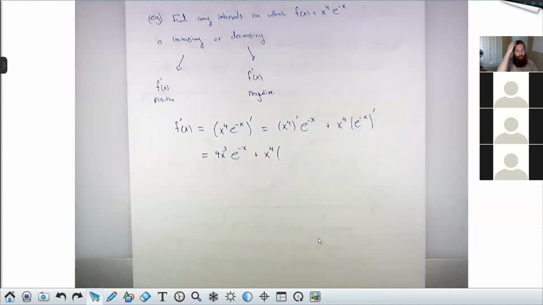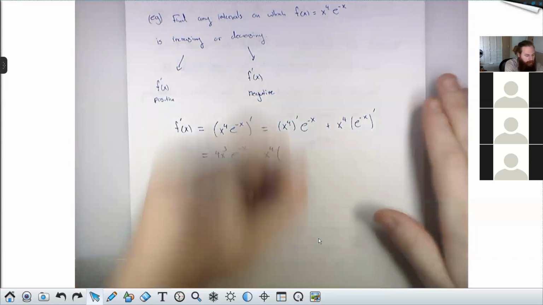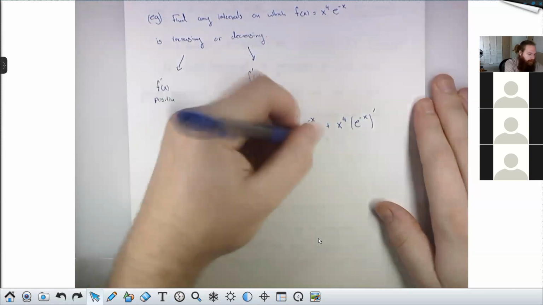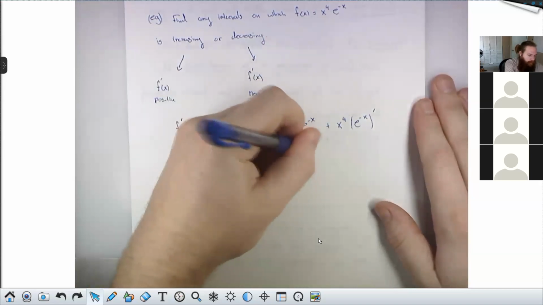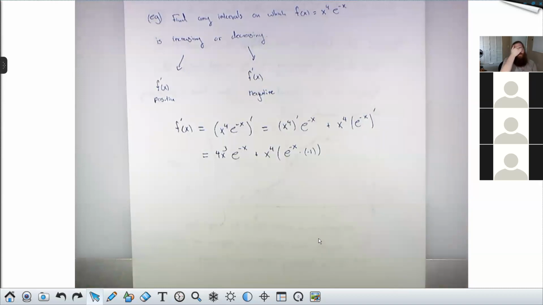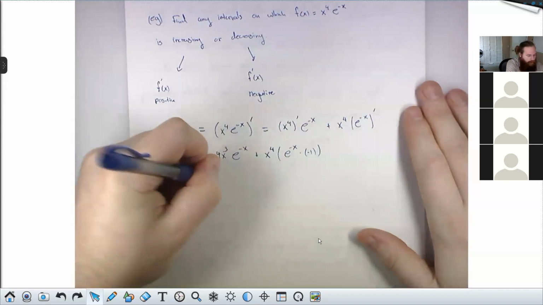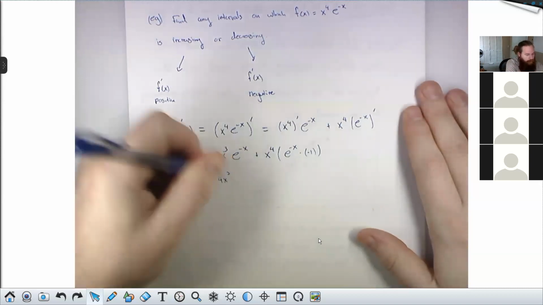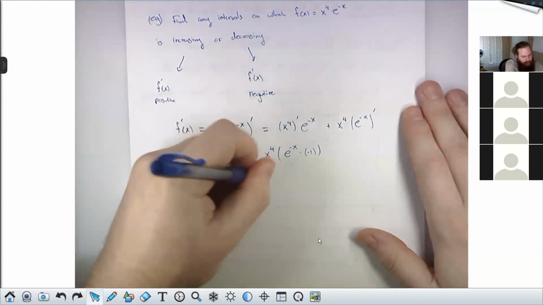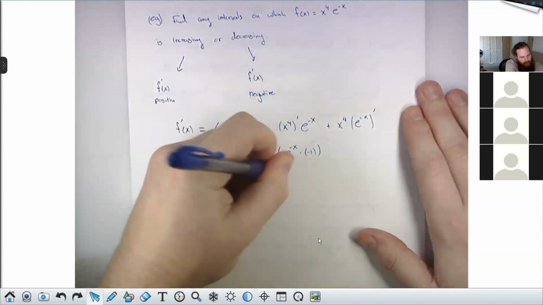That's a chain rule thing. Remember, e to some stuff is always going to differentiate to e to that stuff times the derivative of that stuff. So by the chain rule, the derivative of e to the negative x is e to the negative x times -1. So altogether here I have 4x cubed e to the negative x minus x to the 4 e to the negative x.